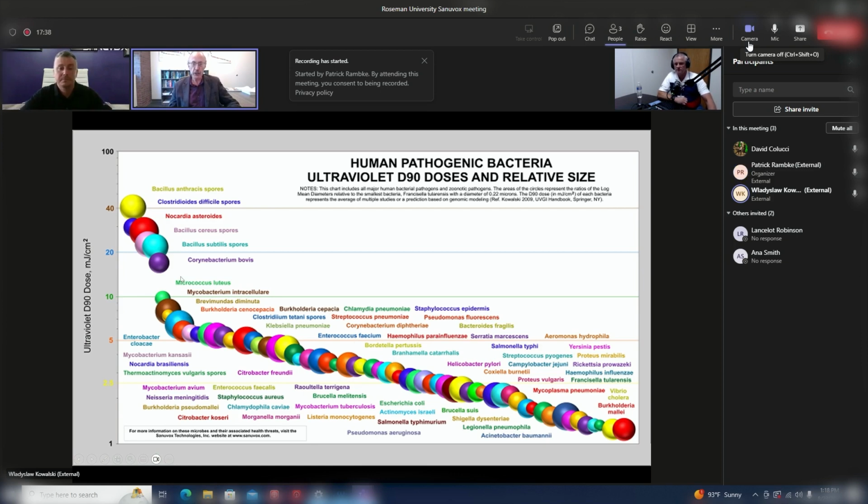The bacteria which are more resistant are mostly spores, like anthrax, Clostridium difficile, and Bacillus cereus. They can be easily removed by filters, so it's not really a problem if our system delivers 10 to 20 millijoules per square centimeter. The microbes that are physically larger than those can be removed by filters very easily.